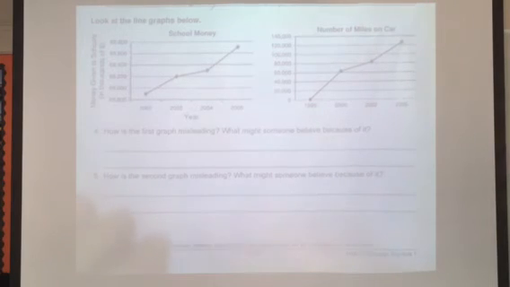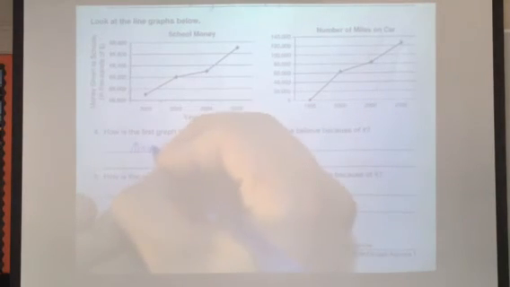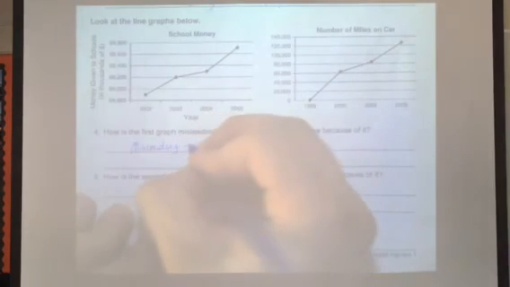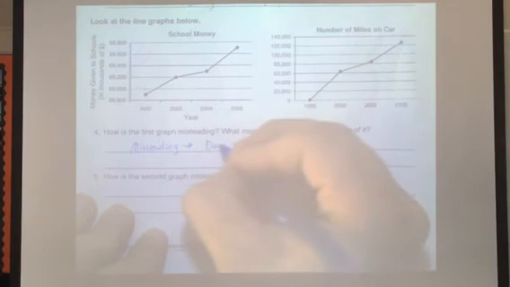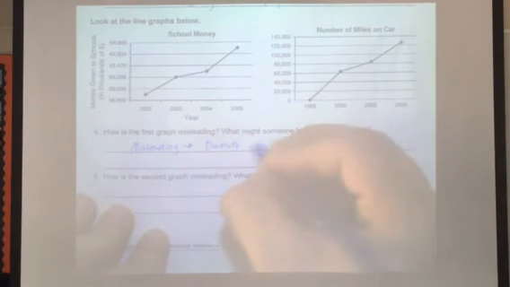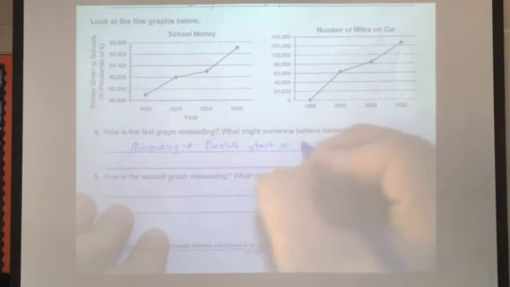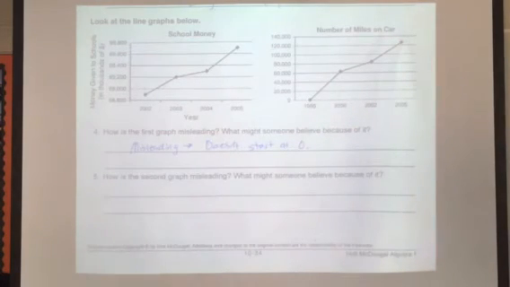Misleading. Why is it misleading? It doesn't start at 0. It starts at 68,800. Hopefully you've noticed that. Why might someone, or what might someone believe because of it?